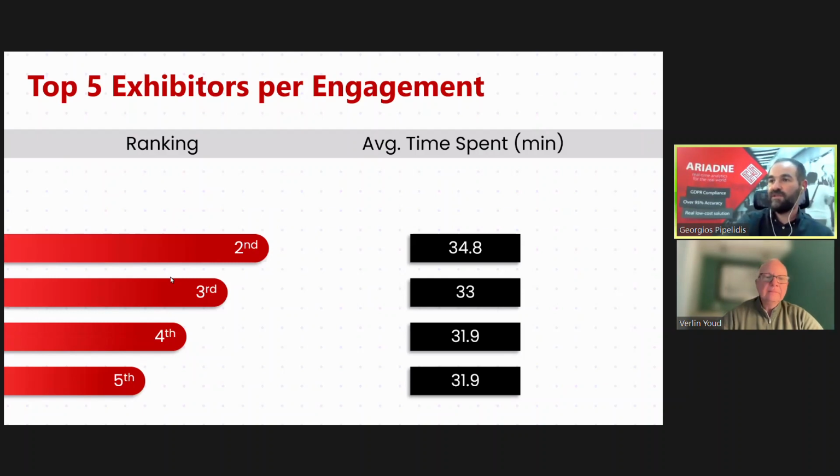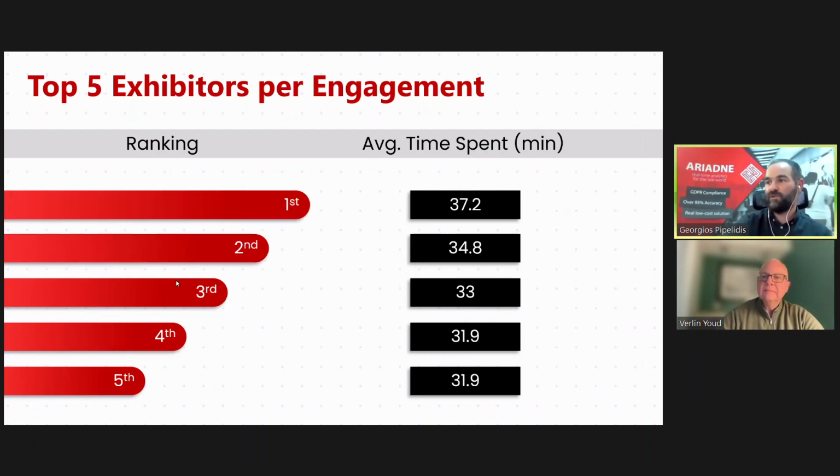We have 33 minutes for the 3rd one, 34.8 minutes for the 2nd, and 37 minutes for the 1st. So a big difference between the 1st most visited booth based on duration when compared to the 5th, as I mentioned, from more than 50 booths.